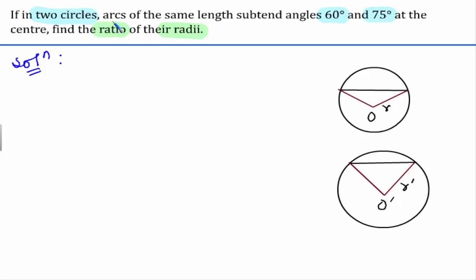Now it is given that arcs of the same length subtend angle 60 degree and 75 degree at the center. So let us suppose that AB and CD are equal. So they subtend 60 degree and 75 degrees at the center.